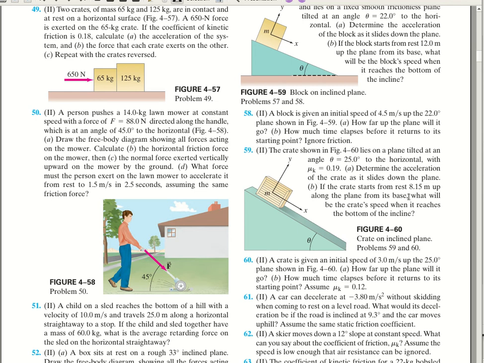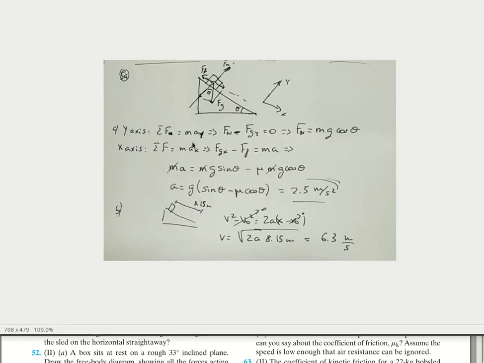If the crate starts from rest and moves 8.15 meters, what is the crate's speed when it reaches the bottom of the incline? So if you set the zero point here, it moves 8.15 meters along this x-axis.